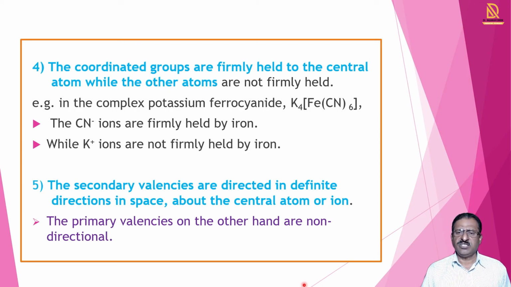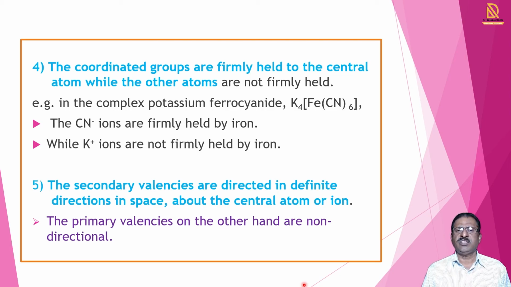The 6 CN are attached at the 6 corners of an octahedron. This means 4 are in the plane of a square and 2 are in the axial positions, so there is formation of a square planar bipyramidal structure, or octahedral structure.